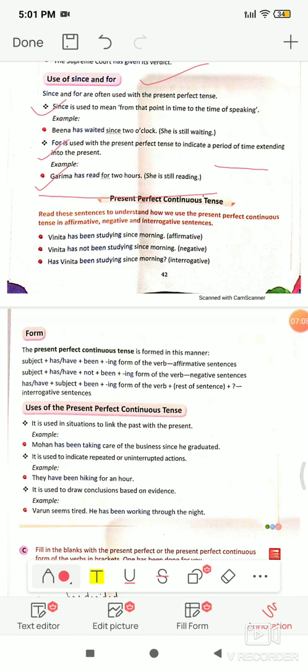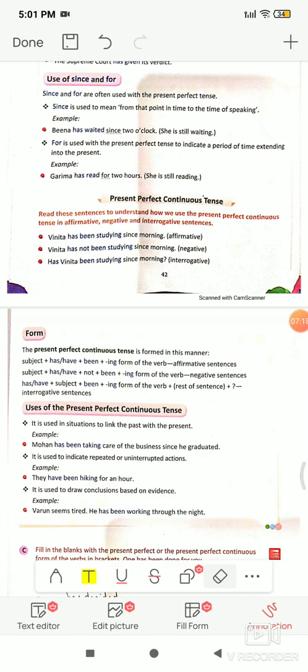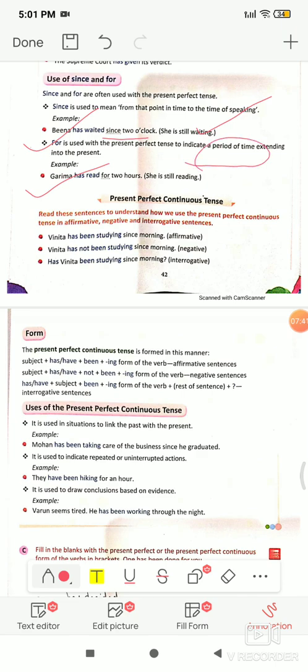So since is used for a point of time and for is used for a period of time. What was the period of time for Garima? Like 2 hours. And what is the point of time for Bina? Since 2 o'clock, 2 baje se. And the sentence of Garima indicates 2 ghante se. So we use since for a point of time and for a period of time.